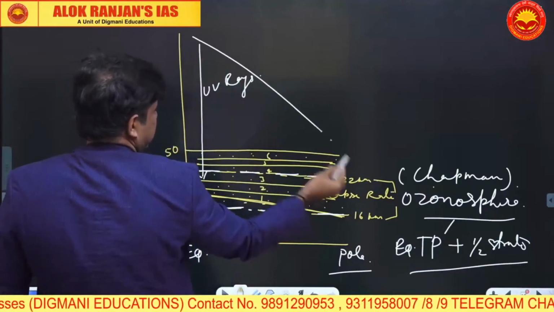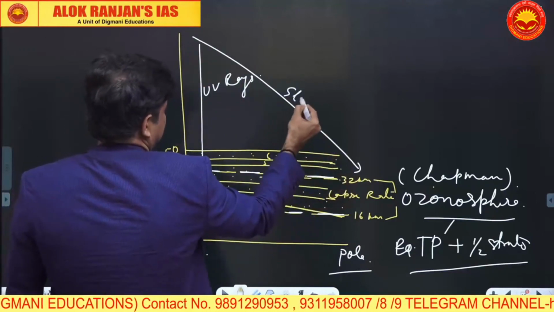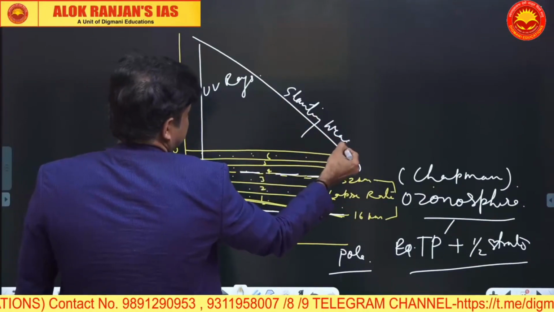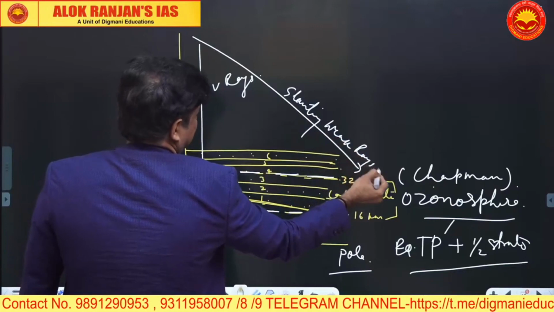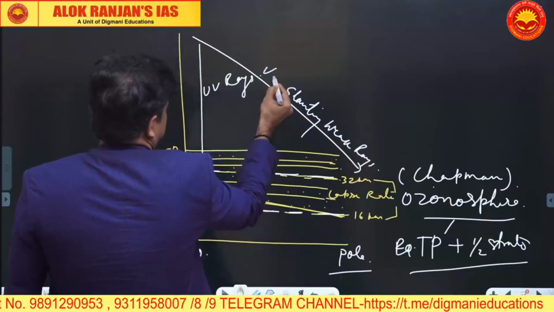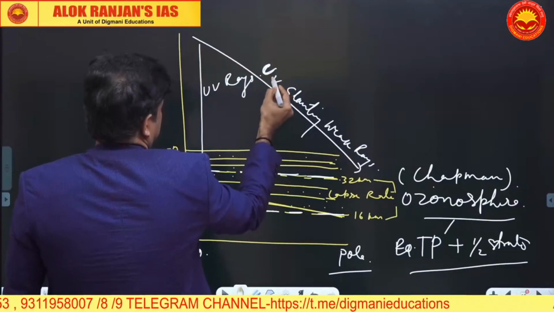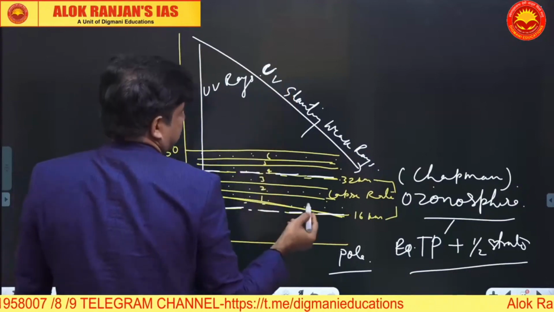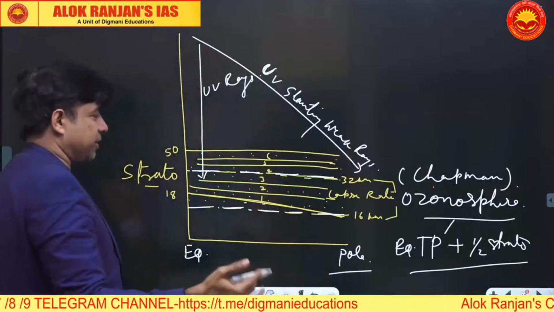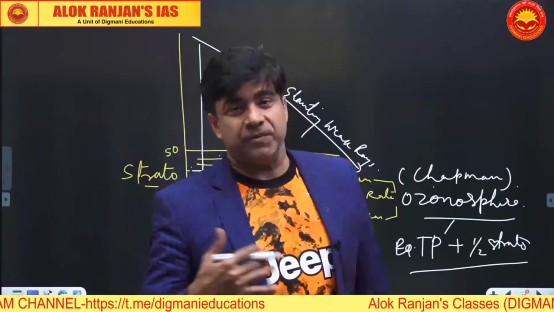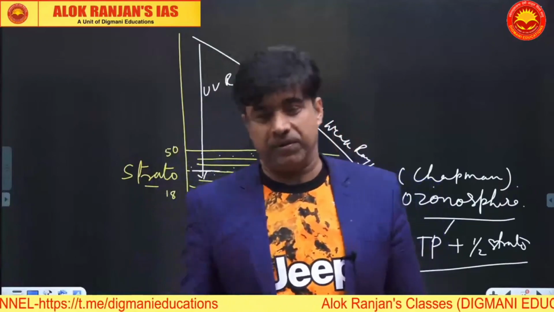But the same UV rays will be slanting and weak towards the pole. Write this too: UV rays are weak and slanting towards the pole.